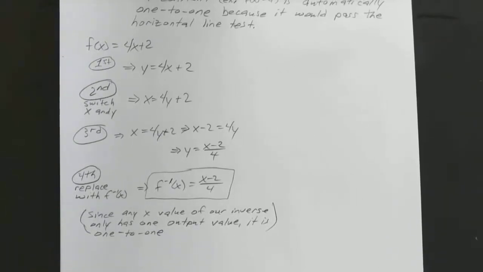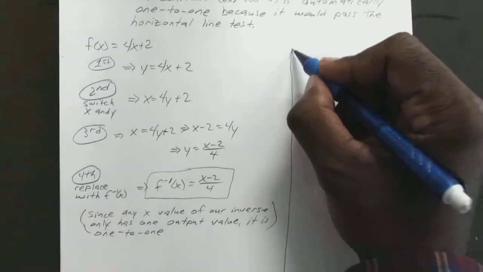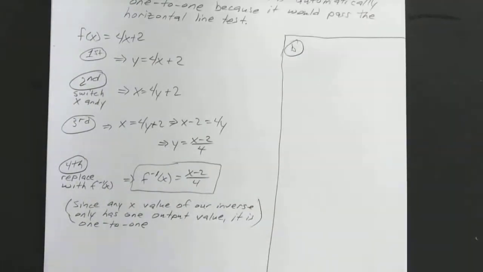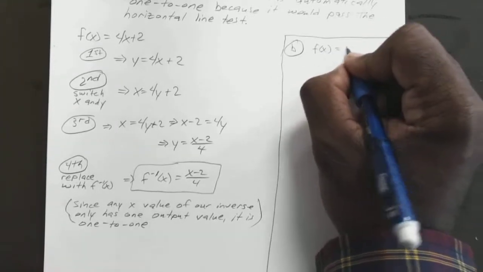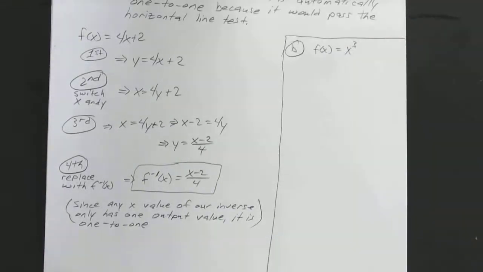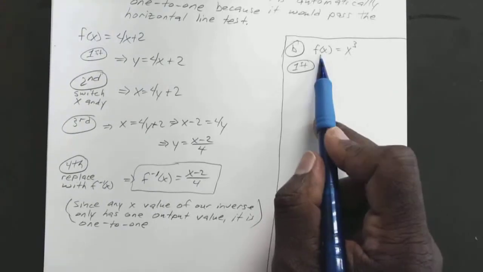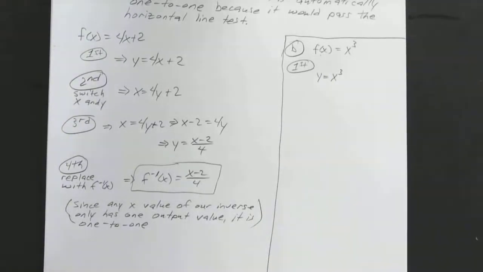Oh, sorry about that. Okay. So now we do the same thing with B. We should have room to put B on here. It's not that busy of a problem. Okay. So if we have B, you have f of x equals x to the third.